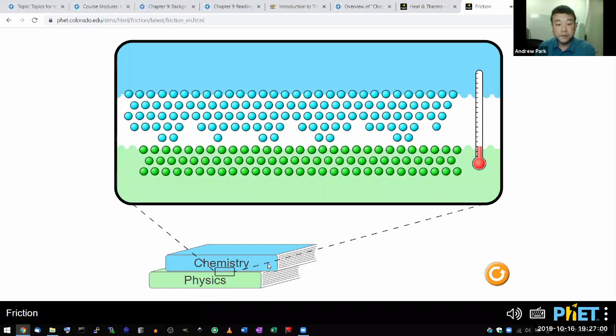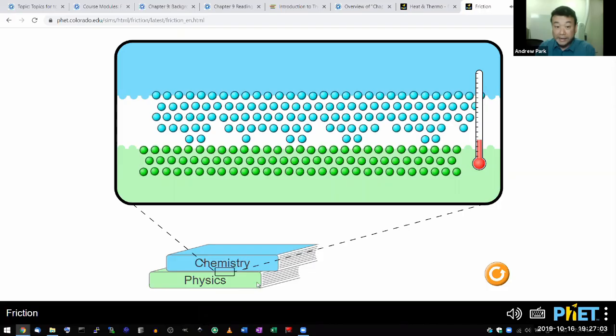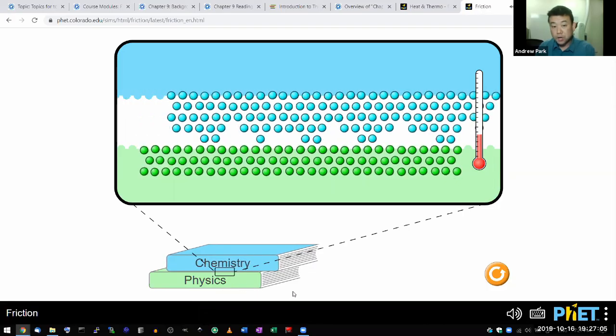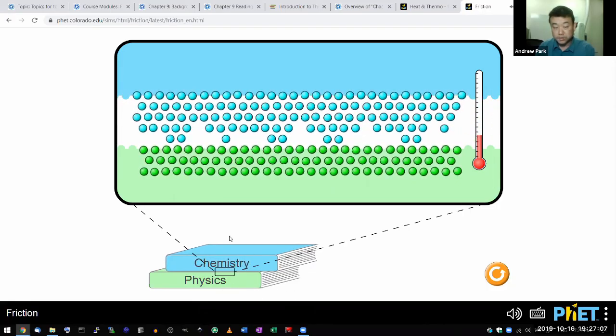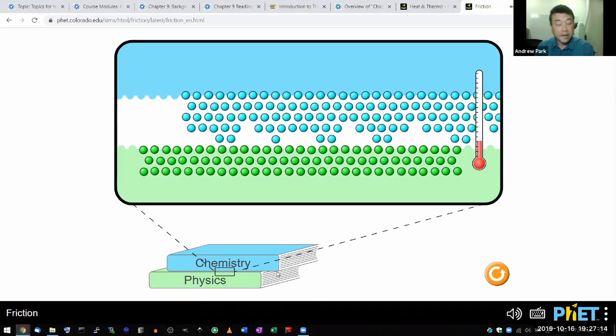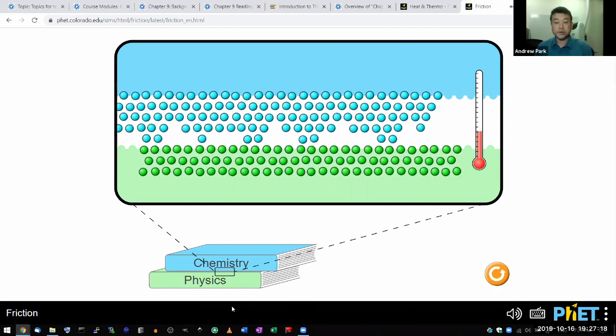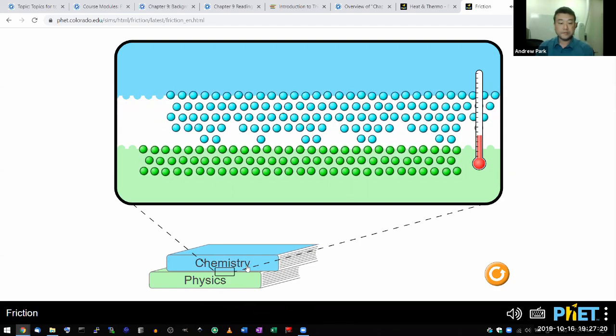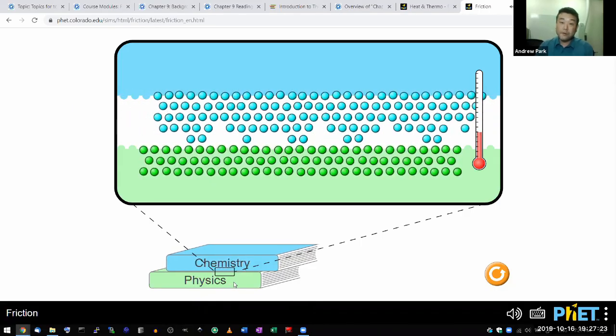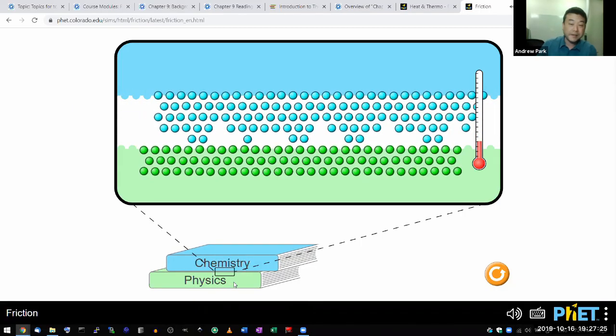And that work being done actually goes into the microscopic mechanical energy of these molecules. They are vibrating more because they are receiving more mechanical energy. And that vibration at our macroscopic scale is felt as an increase in temperature. That's what this is showing. So if you want to turn mechanical energy into heat, we know many ways to do that. One of them is just to use friction. So that's what this simulation is showing.